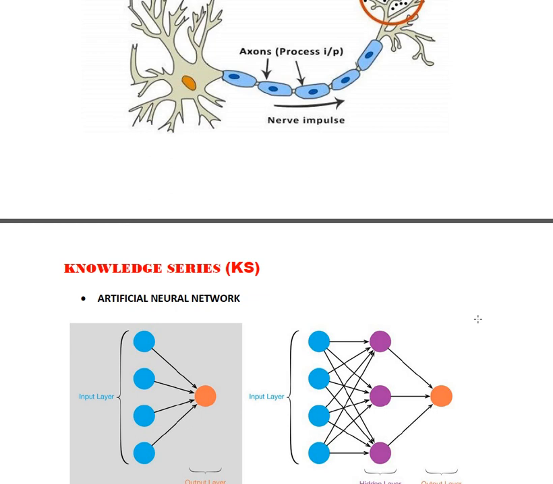Now here, as you can correlate this particular point. What are the points we have taken into consideration? We consider the soma. What is soma? Soma is a cell body, and it is the central part of the neuron, or we can consider it contains the nucleus inside.